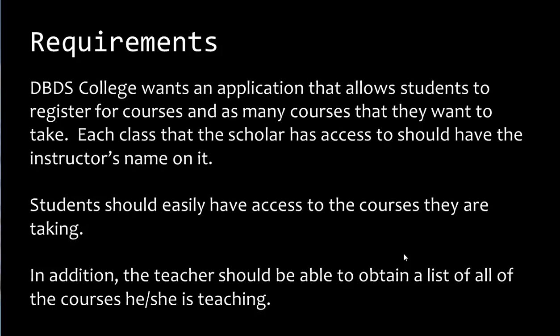Each class that the scholar has access to should have the instructor's name on it. Students should easily have access to the courses they are taking. And in addition, the teacher should be able to obtain a list of all the courses he or she is teaching. That's our requirements. Again, very similar to some of the things you're going to see in your assignments.